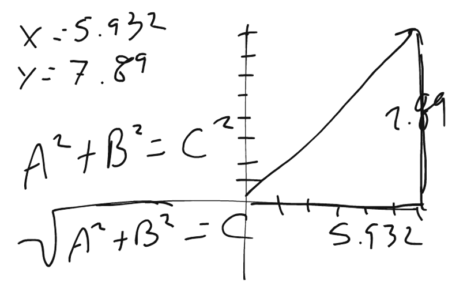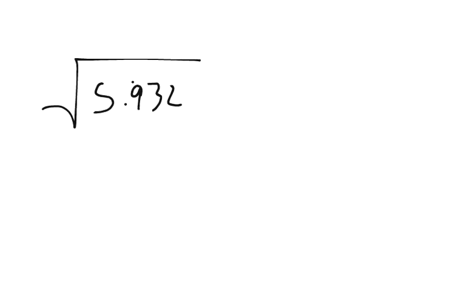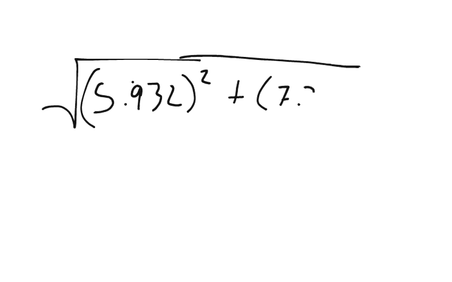So the square root of 5.932 squared plus 7.89 squared equals my distance.